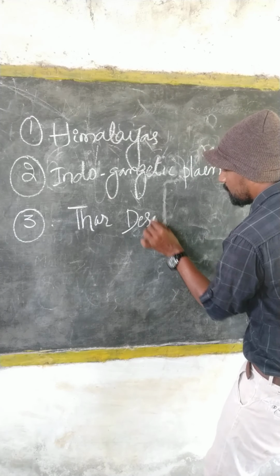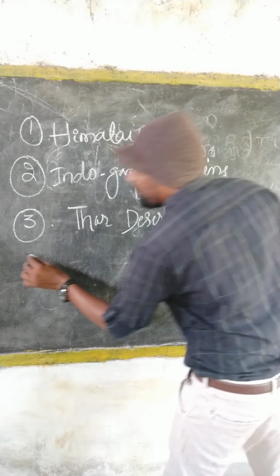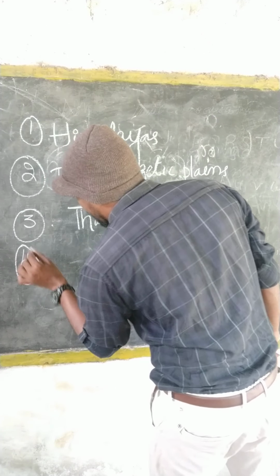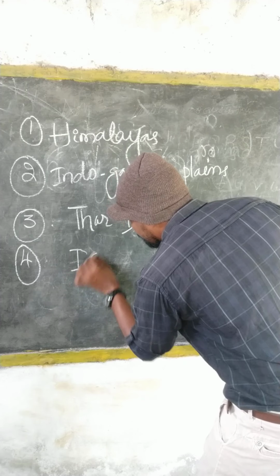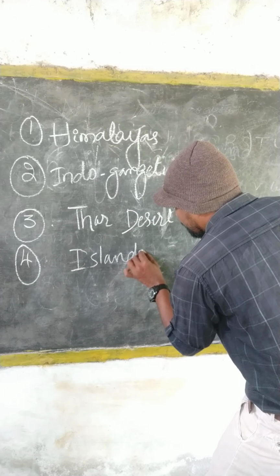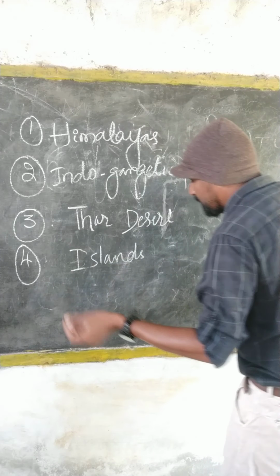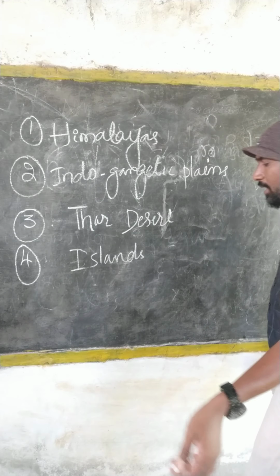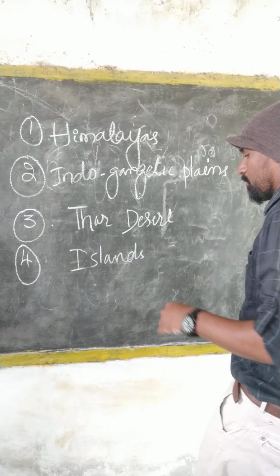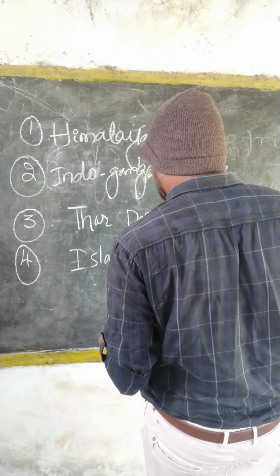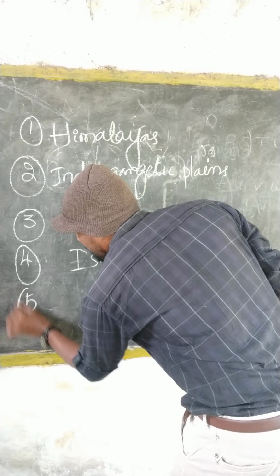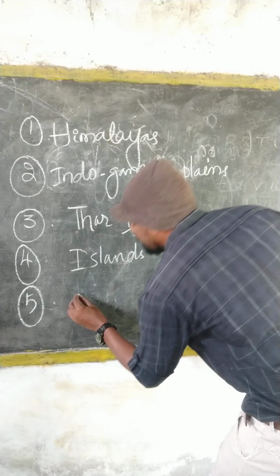So Thar Desert. And fourth one is islands. These islands are located beside India, on two sides. One is in the Arabian Ocean and another one is in the Bay of Bengal. And these, and coastal plains.